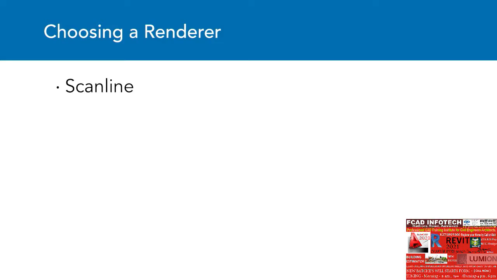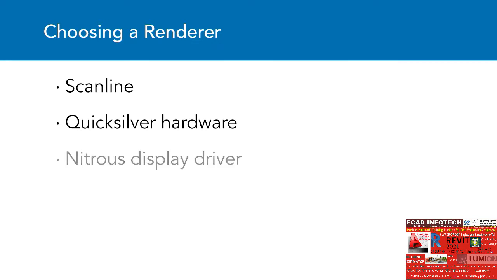The different and distinct renderers in 3ds Max are: the Scanline renderer, which has shipped since version 1 of 3ds Max. Quicksilver hardware is a GPU renderer that is suitable for draft quality preview renders. You can also use the Nitrous display driver, which is very closely related to Quicksilver.